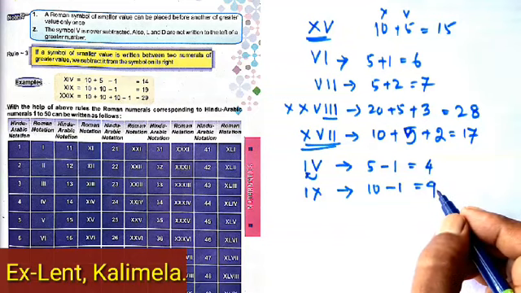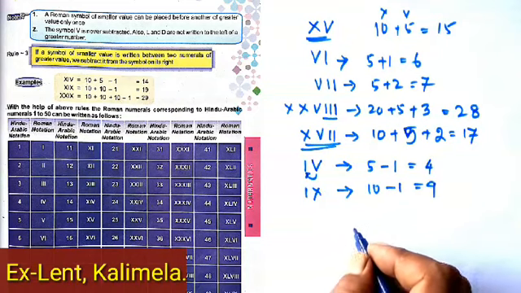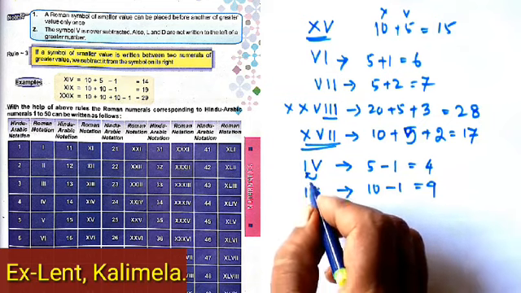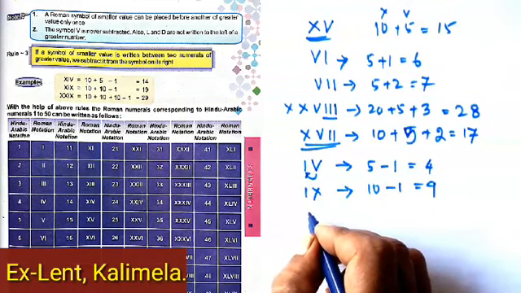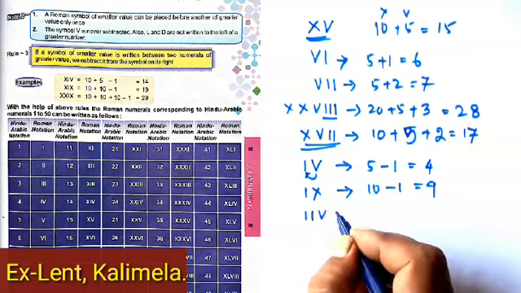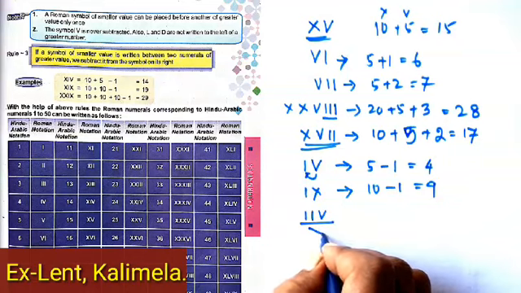Likewise, next rule: a Roman symbol of smaller value can be placed before another of greater value only once. Here we cannot write 2 I's before V. You see, this is wrong.